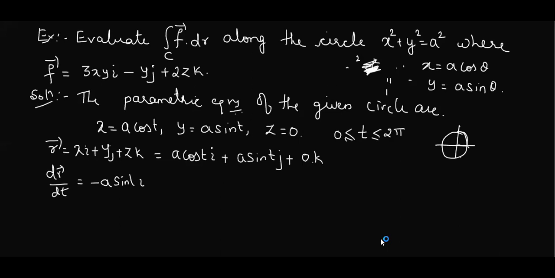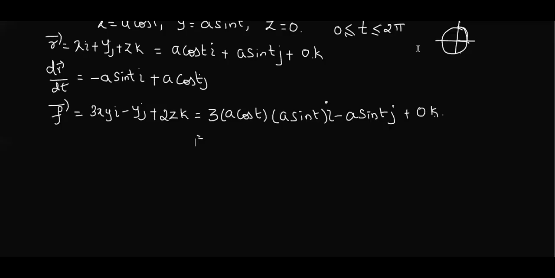What happens to the a sin t derivative? Just multiply and tell me what you'll get. So 3a into a square sin t cos t i minus a sin t j. Correct? This is my F.